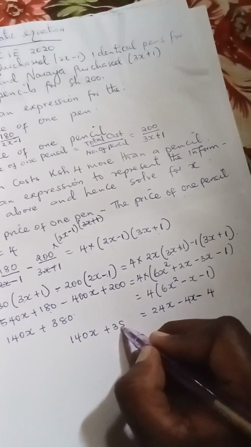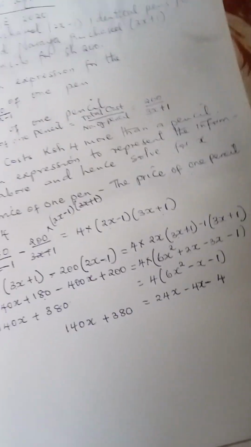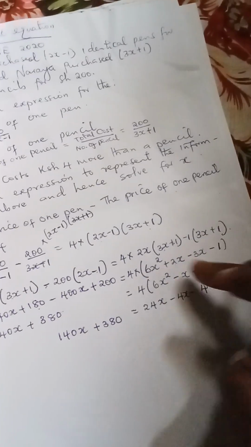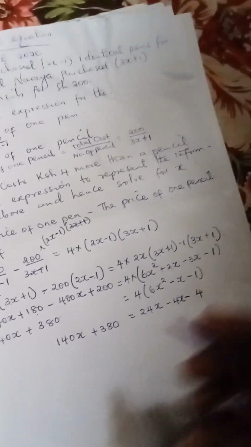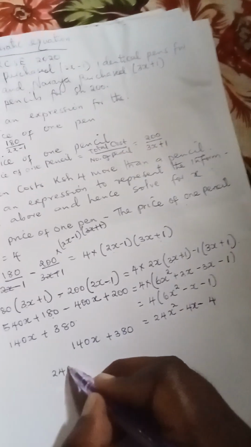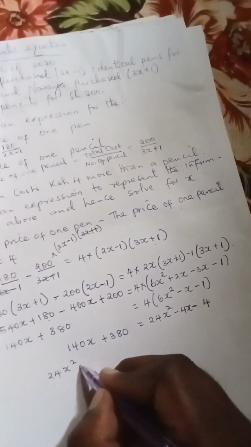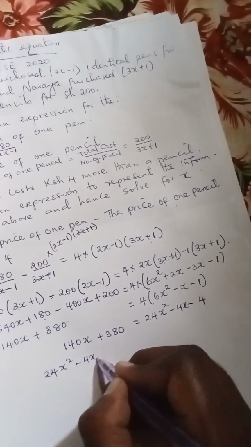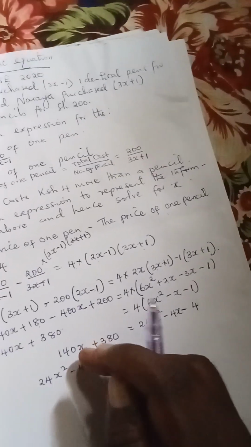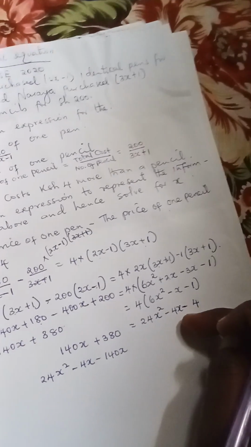plus 380. So we want to form an equation so that we have one side 0. Then we need to transfer everything on this side. That will give us 24x squared minus 4x minus 140x, because immediately it crosses the equal sign, it becomes negative.